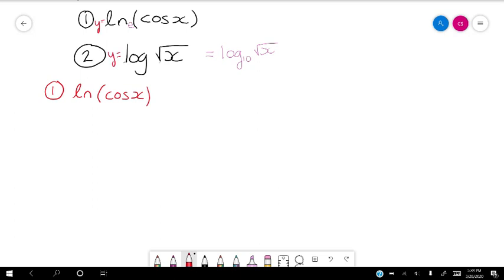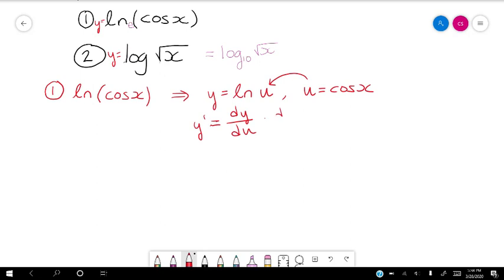We can introduce another variable u, and we can look at the natural log of u, where u is a function of x and it's equal to cosine, right? And then we just plug in the u. So that way we can clearly see the inside function and outside function. And then we know from our chain rule that this is going to be equal to the derivative of the natural log with respect to u, times du dx.